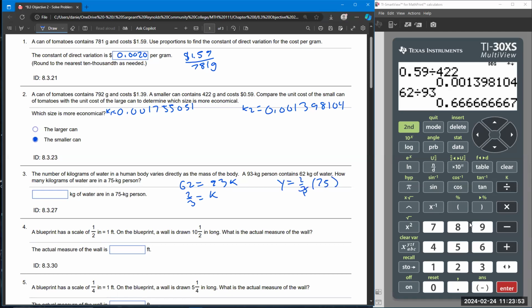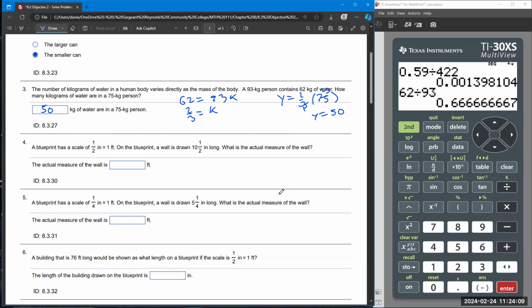Well, 3 goes into 75 25 times. 2 times 25 is 50. There should be 50 kilograms of water in a 75 kilogram person if 2/3 of their body mass or body weight is water.